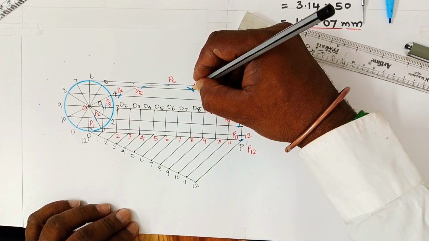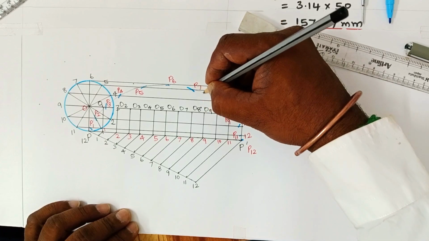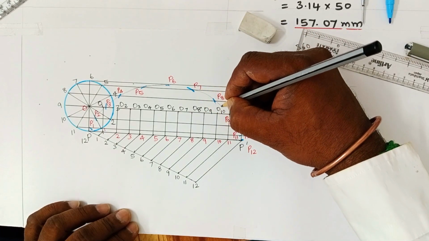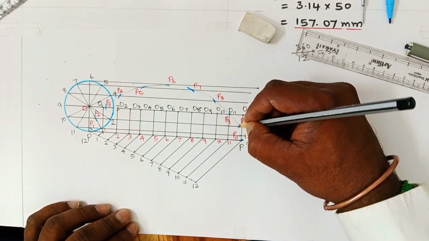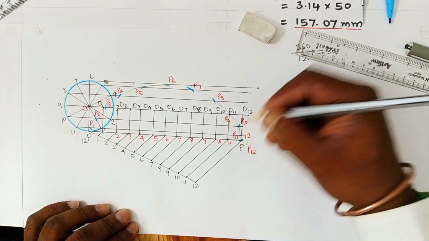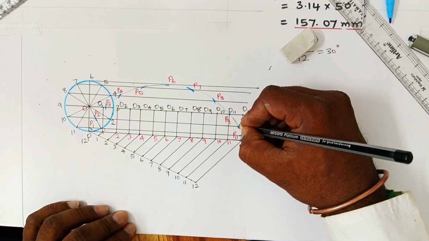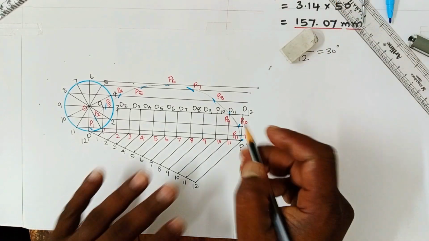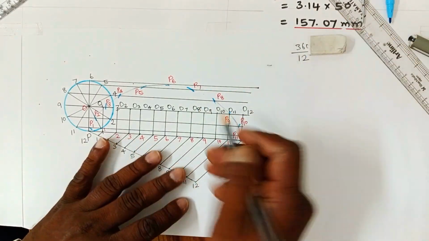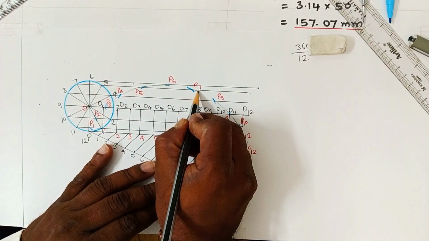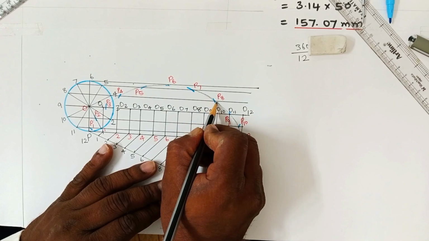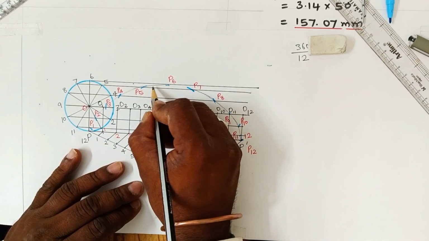Similarly, join the profile. Initially, you won't get it correctly. By practice only, you will get the smooth curve. You have to draw several times and verify it. First, you draw a lighter line.